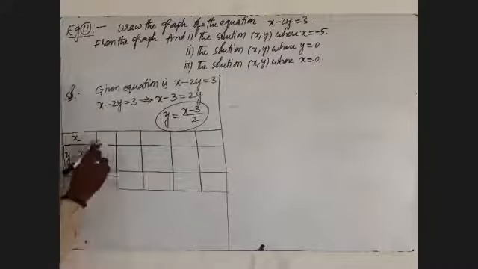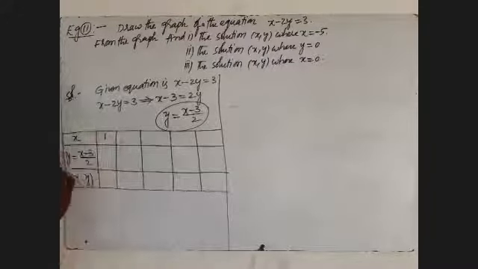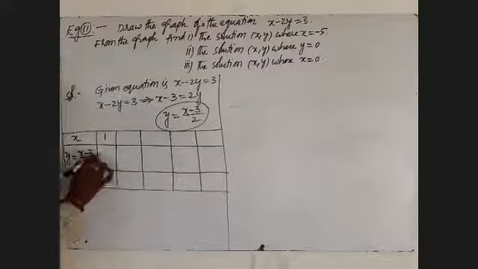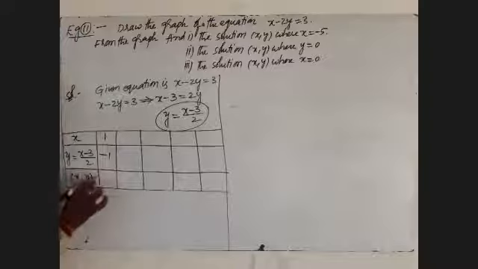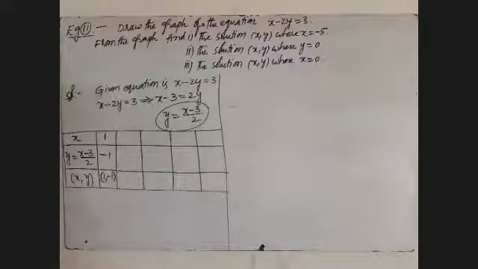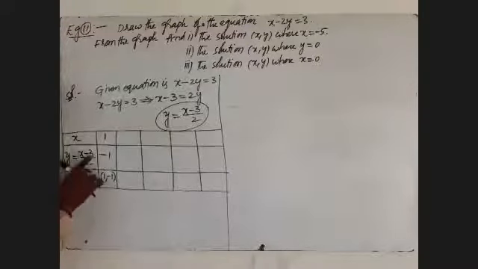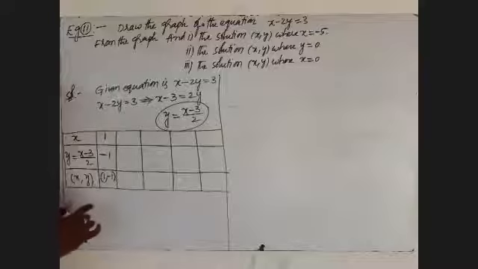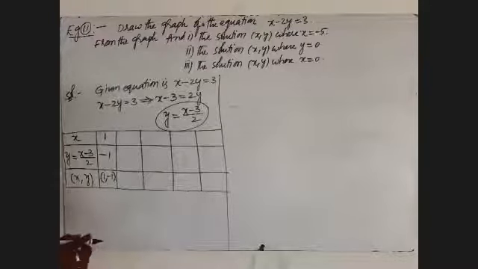Let x is equal to 1. 1 minus 3 by 2 is minus 2 by 2, which is minus 1. Here we write (1, minus 1). Let x is equal to 2. 2 minus 3 by 2 is minus 1 by 2, 0.5. This is also a decimal value, so we do not take that one.